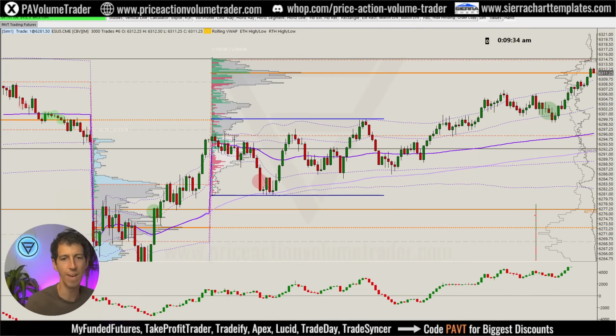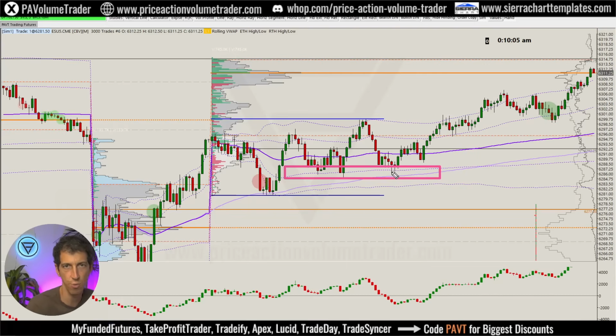Okay, but the basic premise of why I want to talk to you about this setup is because this is a very normal occurrence where we have market coming back and continuously retesting a level of support or resistance, and you get a lot of traders, and even myself, sometimes I fall prey to these setups and I get caught off the wrong side.